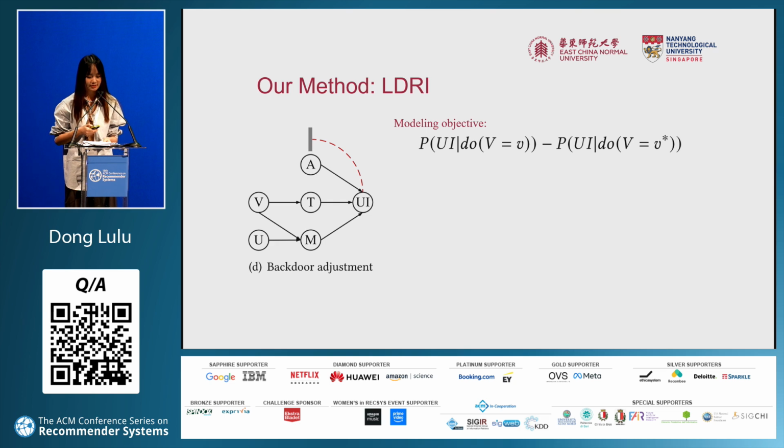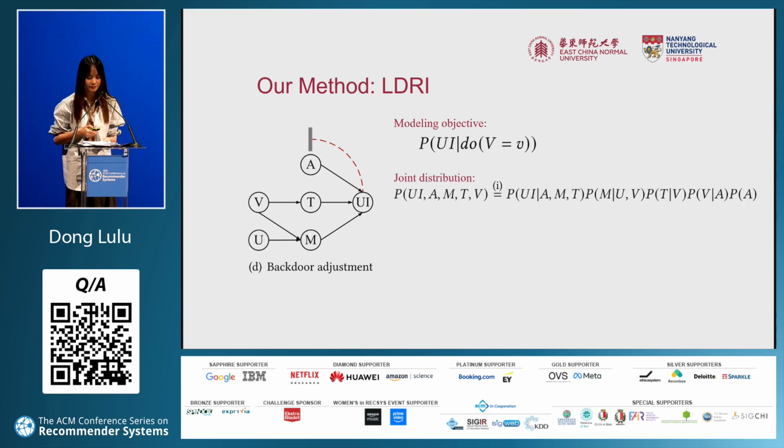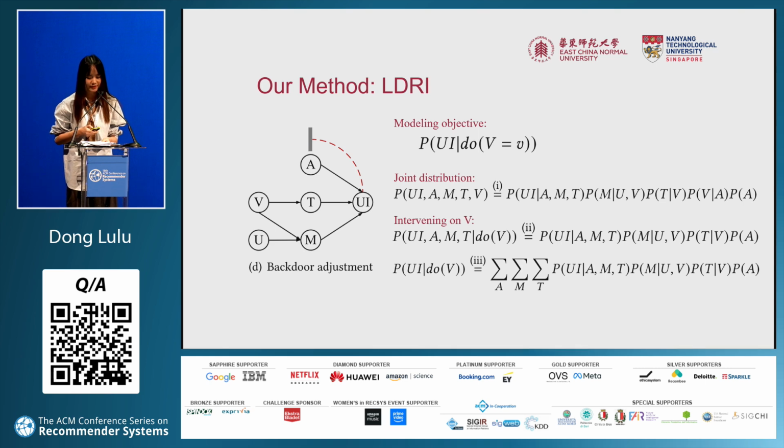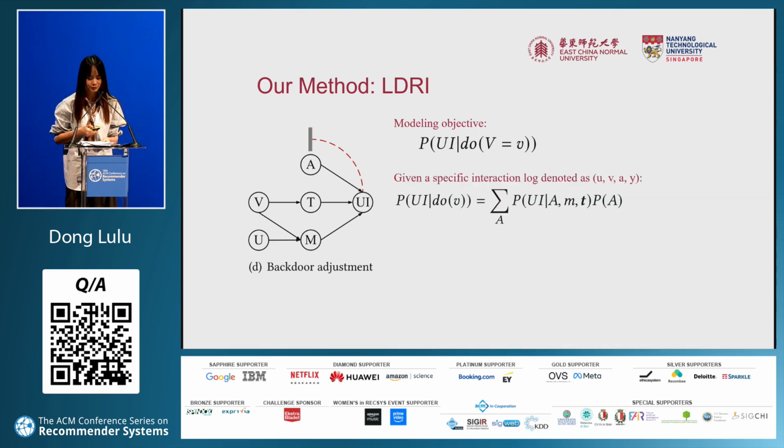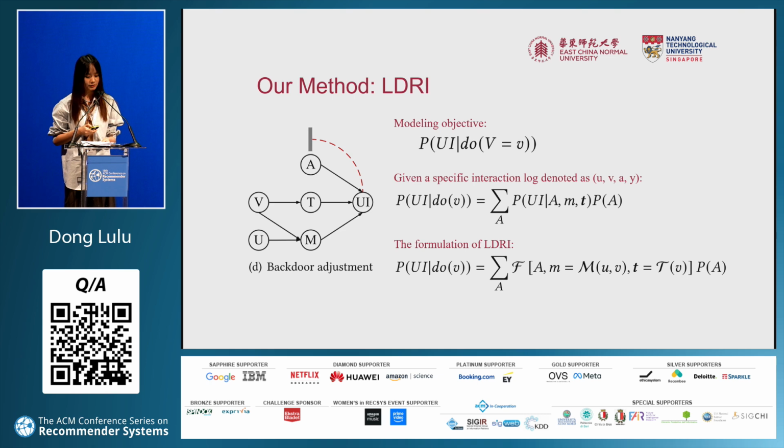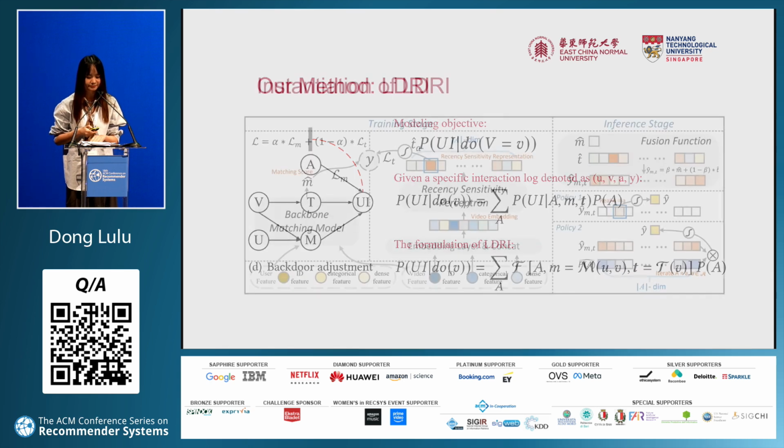This removes the shortcut as shown in Figure D and eliminates the non-causal relationship. The remaining part of this formula is often simplified to recognition tasks because we are mainly ranking videos. We can derive the model through the law of joint and marginal distributions. In the end, LDRI learns two things: the matching score between videos and users, and the recency sensitivity of each video. During inference, we use a filtering function to combine these two factors to make the final recommendation.